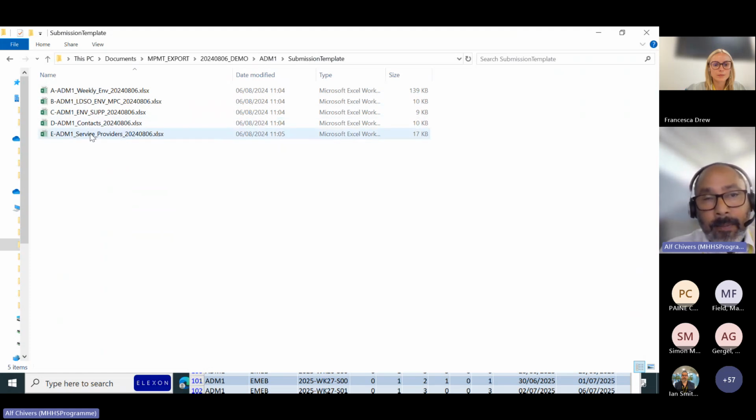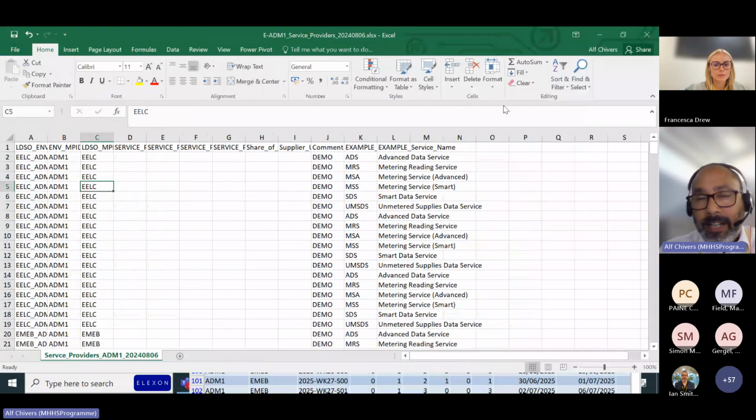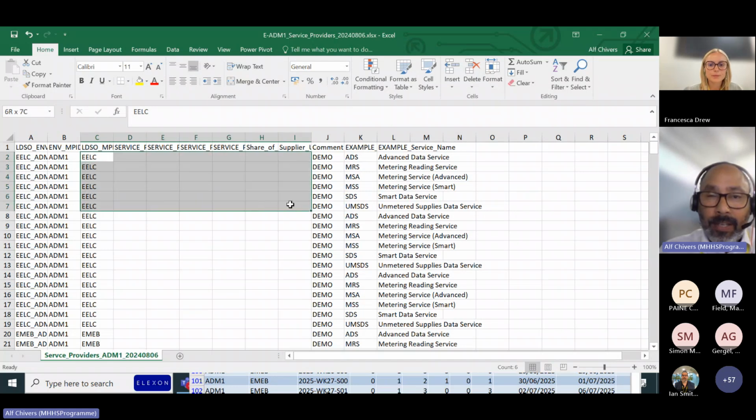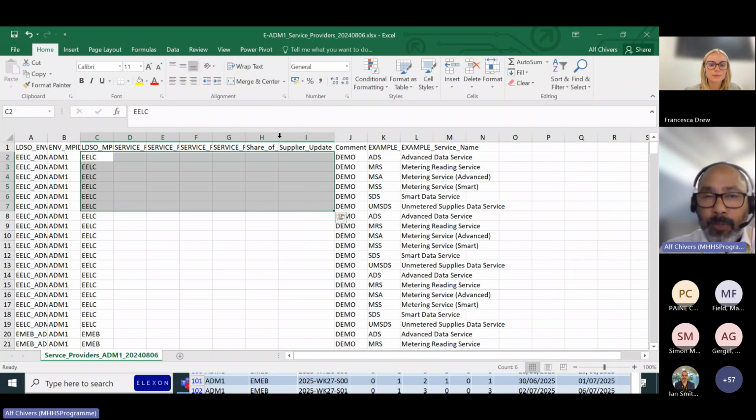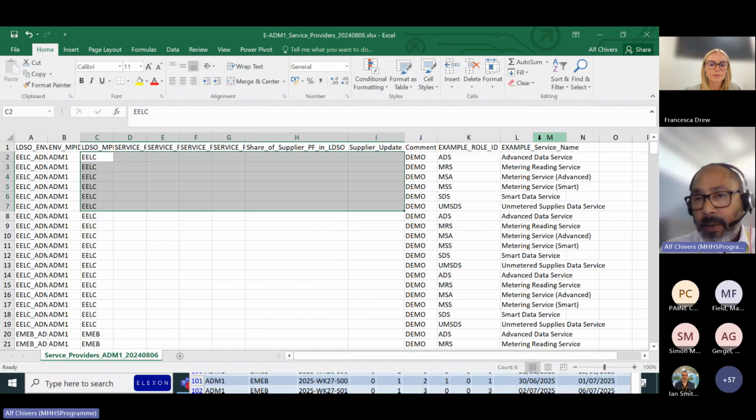So the next one is the service provider sheet, and this is where we need to get a view, and we had this agreed at MWG, where we needed to get a view of the various service providers by LDSO that you're seeking to use, and within each of those LDSOs, what the approximate share by service provider type that you expect to have.